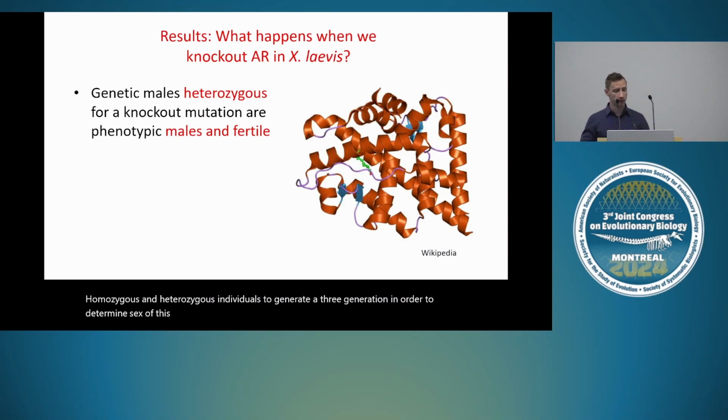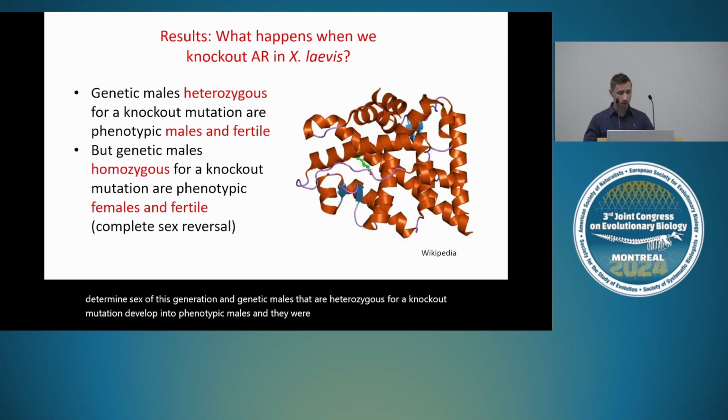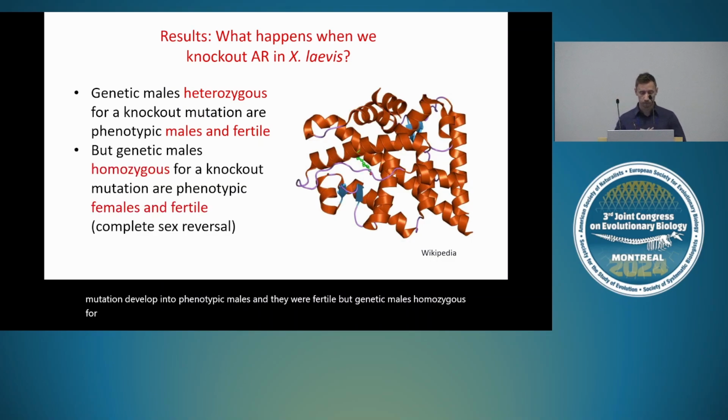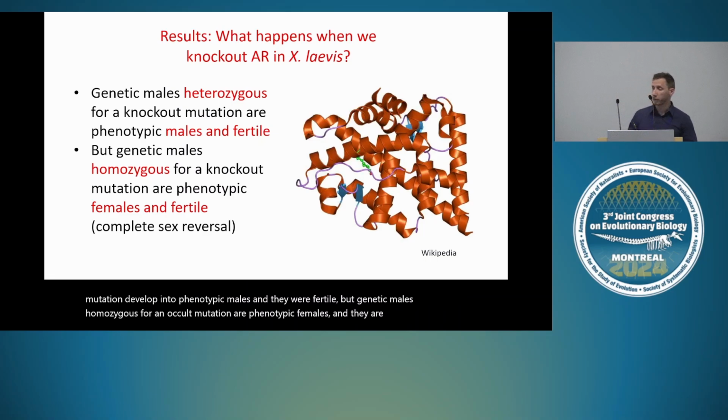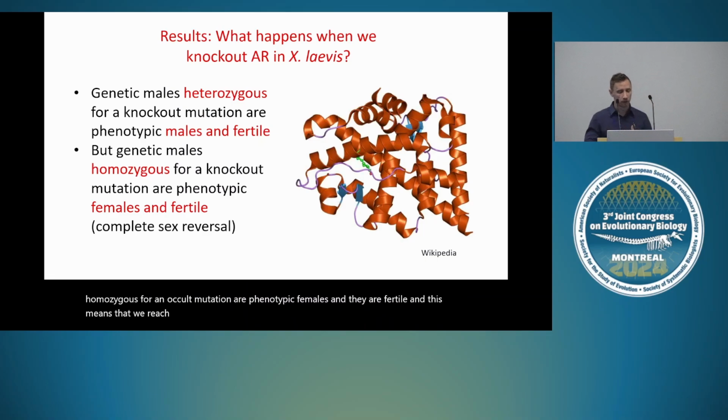Genetic males that are heterozygous for the knockout mutation develop into phenotypic males, and they were fertile. But genetic males homozygous for the knockout mutation are phenotypic females, and they are fertile. This means that we reached complete sex reversal using inactivation of both alleles of androgen receptor in Xenopus laevis.